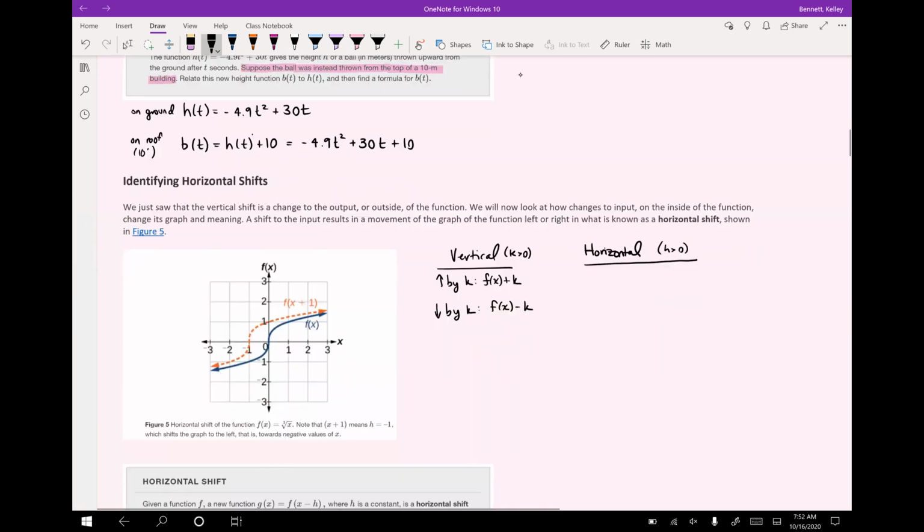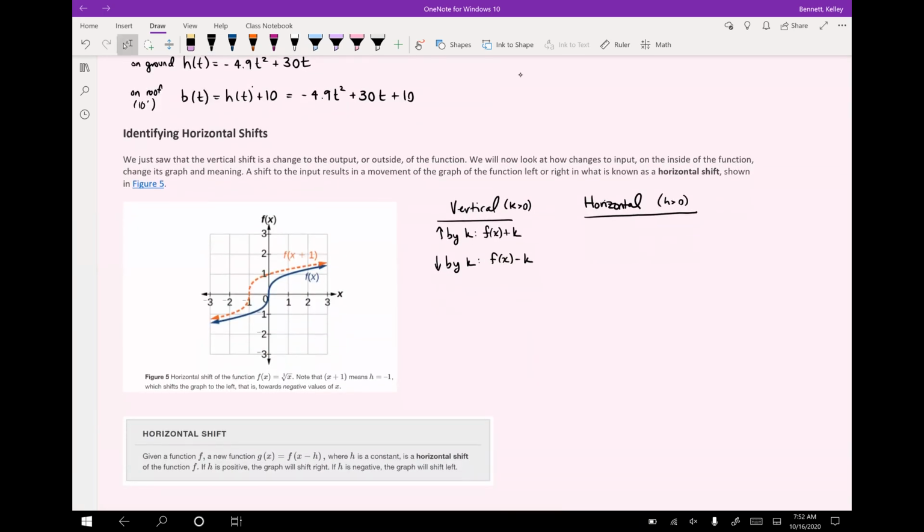And what I mean by that is, let's look here. Notice that we're adding to x before we have f act on it. So here we're changing x before applying f.